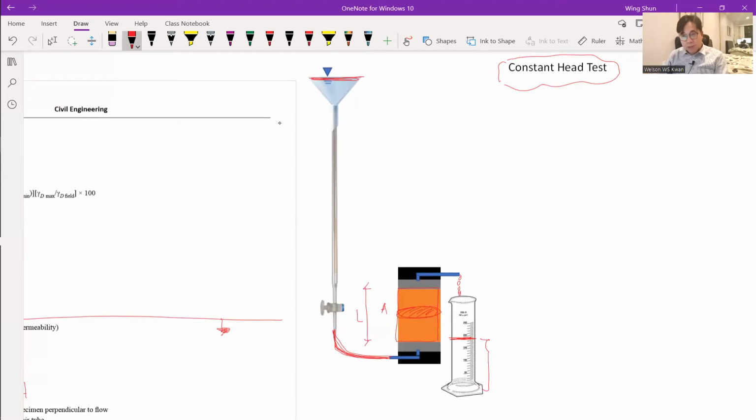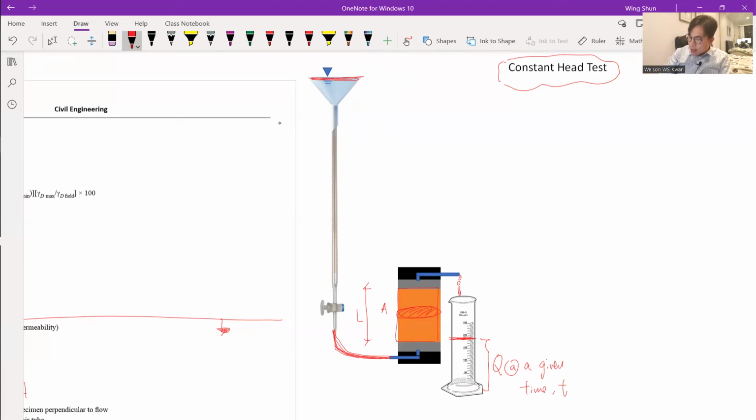This is a parameter that we can quantify because we can measure the volume. We call it Q, the water that passed through the soil specimen in a given time. So Q and t come as a pair: in a given amount of time, how much water has been collected.